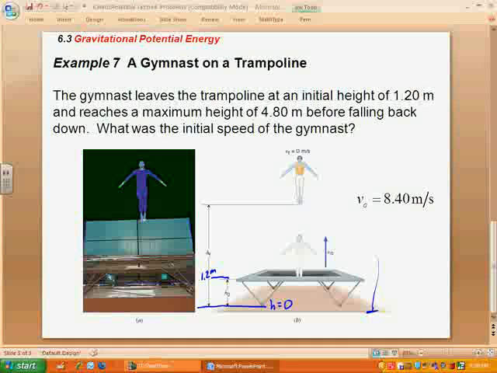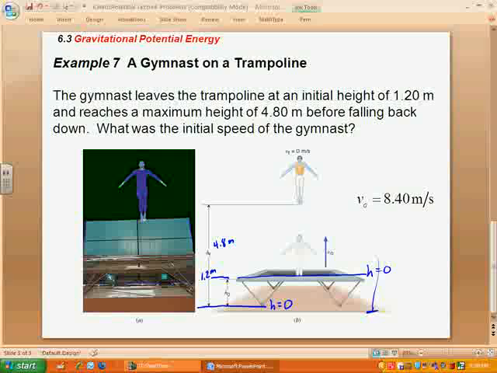We know that in this case we're having a change. We're starting down here, so we've got an initial point and a final point. So this is probably going to be the work of the non-conservative forces equals the change in kinetic energy plus the change in gravitational potential energy. So when he's jumping on the trampoline, let's say that the initial height is 1.2.